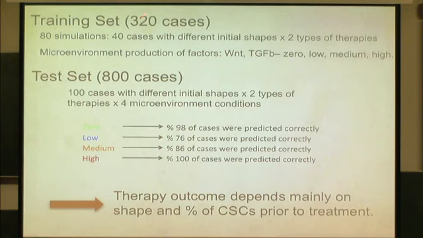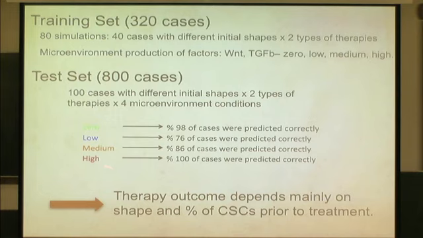We tested with different environmental conditions. If your environment is not producing anything, then you can get about 98% accuracy. Interestingly, the low production case is a bit harder to predict because of this non-monotonic response: you actually increase the invasiveness when you add just a small amount.